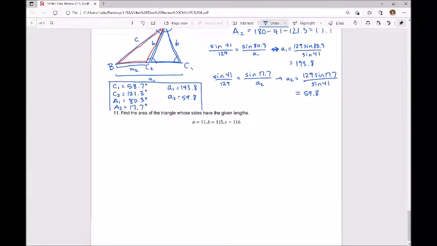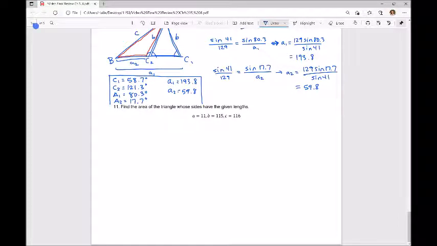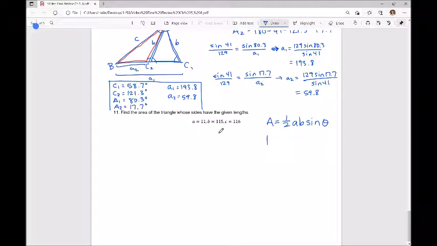And our last problem in this video is going to be to find the area of the triangle whose sides have the given lengths. So if you remember, we had two formulas for the area of a triangle. One was 1/2 AB sine of theta, and one was called Heron's formula.